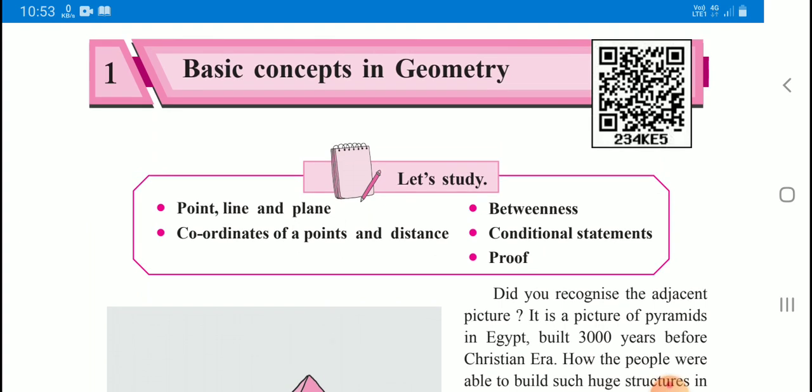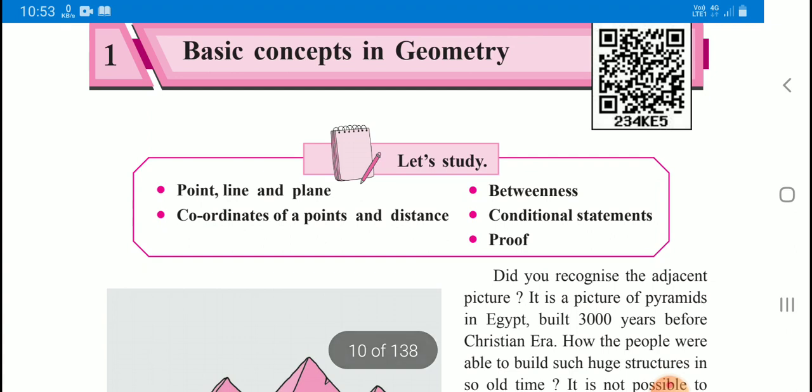Geometry is a Greek word. In geometry, there is a combination of two words. These are geo plus metry. Here, geo means earth and metry means measure or measurement.